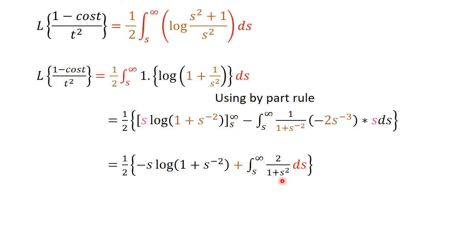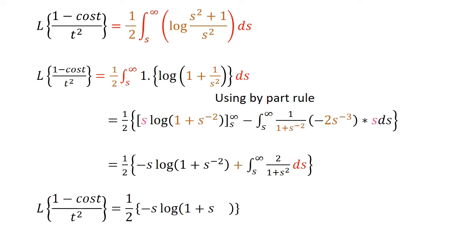So we are going to apply the same result here. So the Laplace transform of (1 minus cos t) upon t square is half, minus s log of 1 plus s to the power minus 2, plus cot inverse s. Because we have already seen this formula.